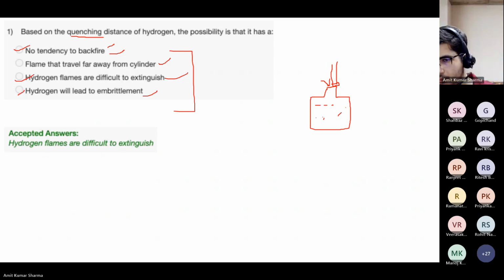Yeah, so I have a doubt. Sir, the bond distance and bond angle in hydrogen, would they have any impact on the extinguishability? Like to extinguish, will the bond angle and bond length have any influence over it?